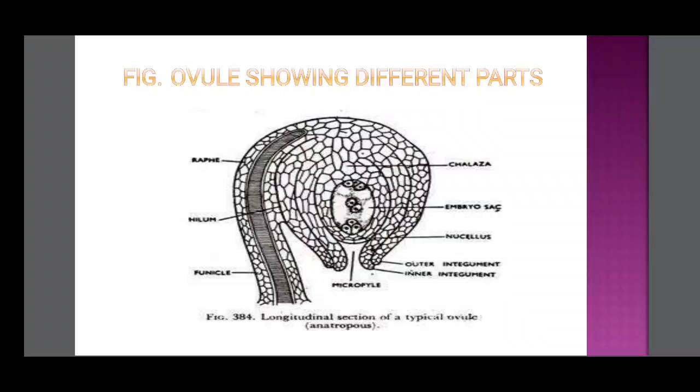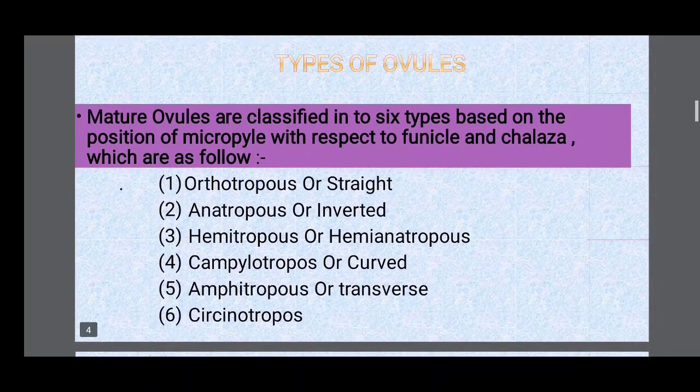These are the parts, so mainly you identify three parts: chalaza, micropyle, and integuments. These are the main parts of the ovule.